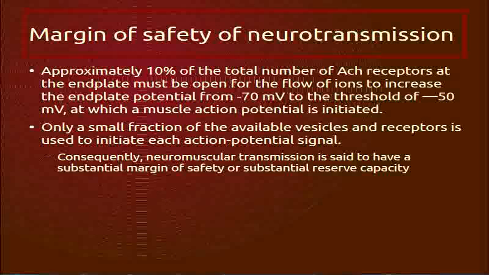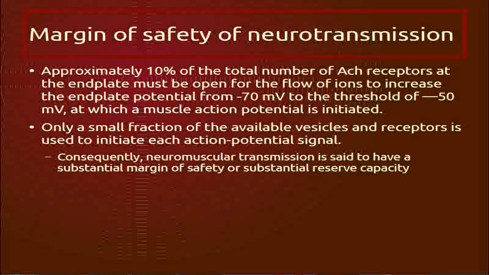This is going to seem foreign to you because you never associate neuromuscular blockers in the ICU with being a safe drug. But it has this high margin of safety. It has a very high margin of safety because there's so much redundancy built into the neuromuscular junction.